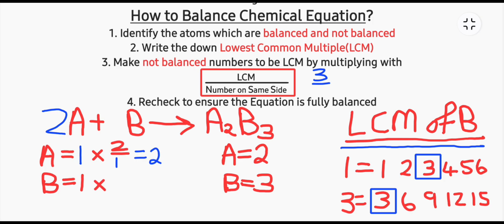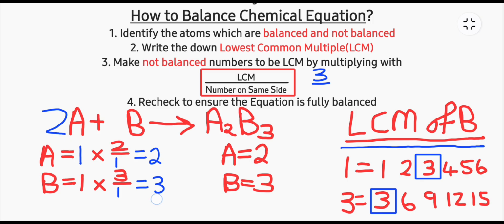It will be 3 over the number on the same side, which is a 1. So I'm going to multiply with a 3 over 1. And I will get the answer LCM, which is 3.